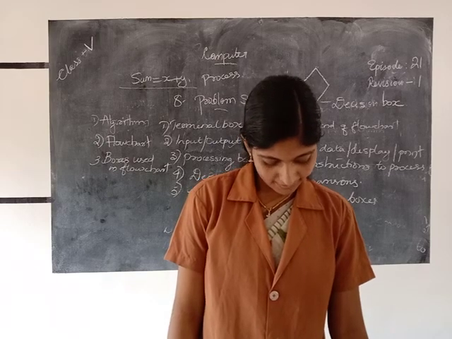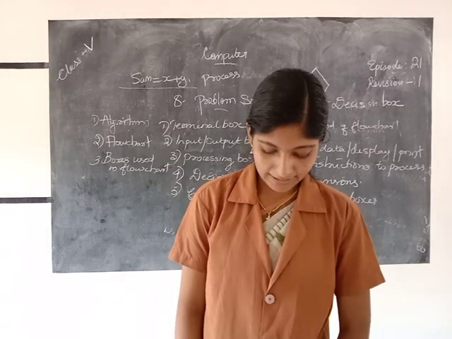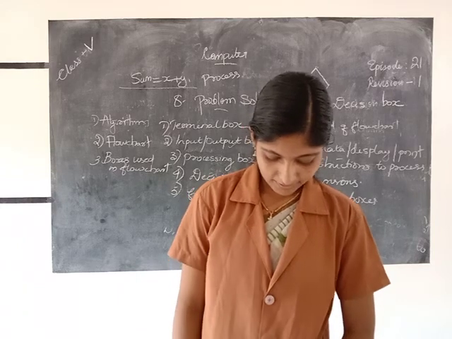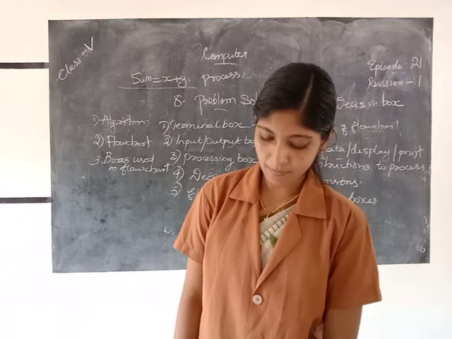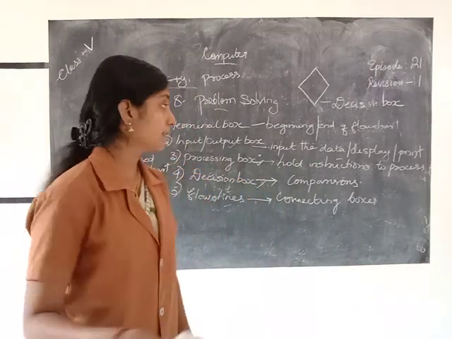Then next one. Draw a flowchart to accept three numbers and print their average. That is an important question.